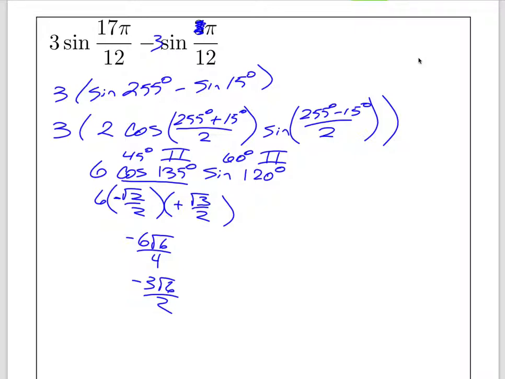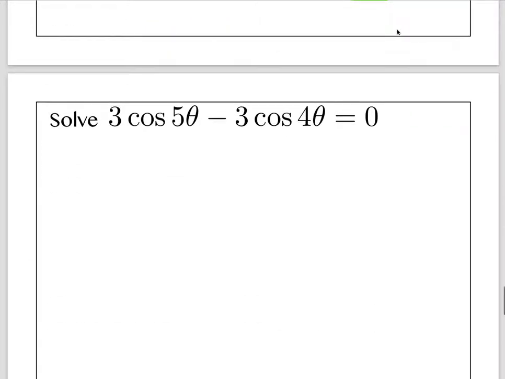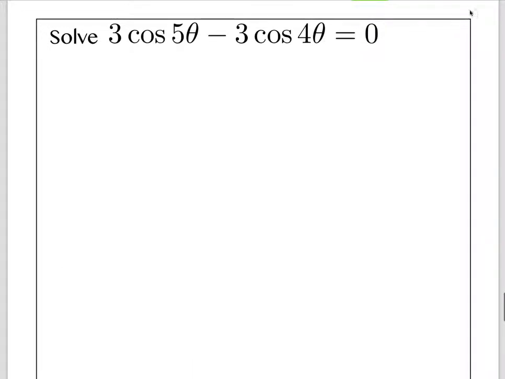All right, one more. We want to use a sum to product to help us solve an equation. So we want to solve 3 cosine of 5 theta minus 3 cosine of 4 theta.